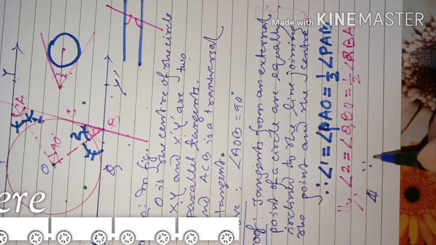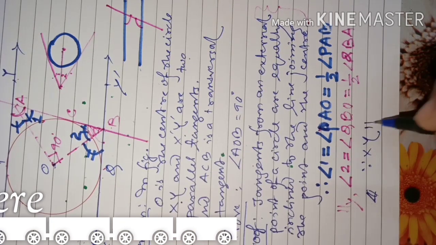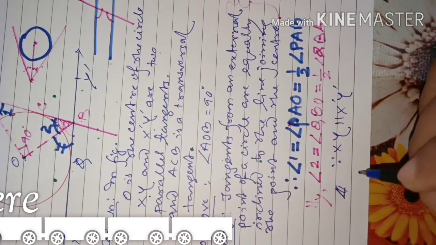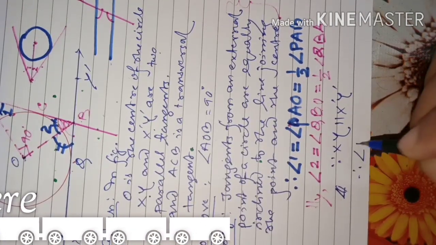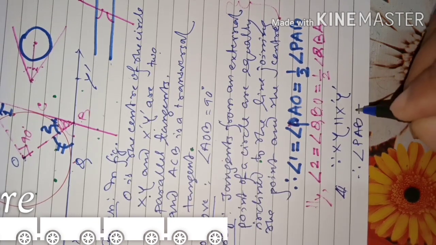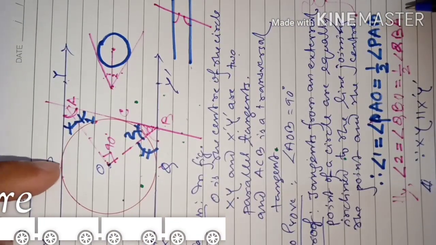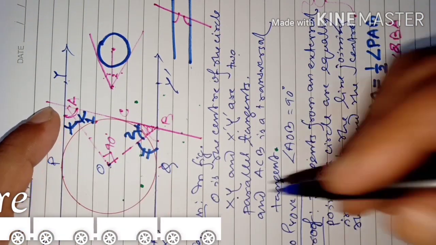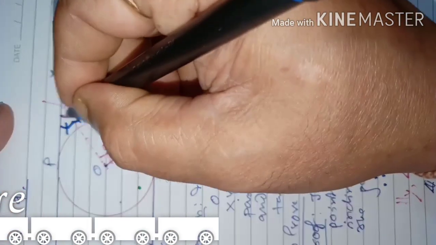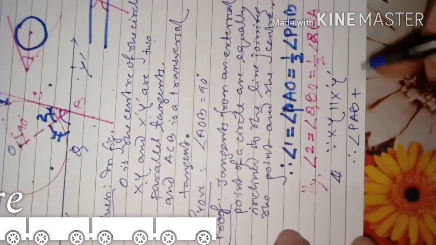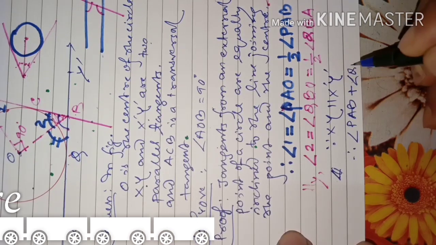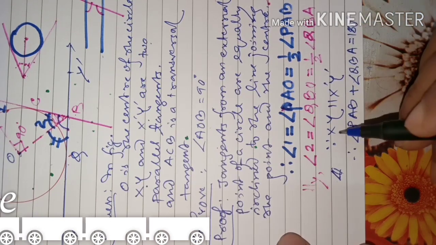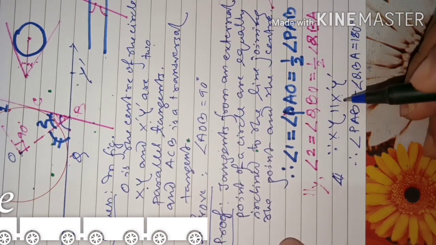Since XY is parallel to X dash Y dash, therefore angle PAB plus angle QBA is equal to 180 degrees. Because XY is parallel to X dash Y dash, this reason is enough.